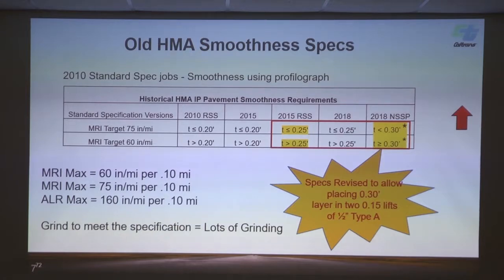Smaller aggregate, a lot of people don't like that, but that's how that spec reads now. So if we have a 3/10 lift, we can do two lifts. That's going to be two opportunities to promote smoothness, was one of the other reasons. Are there any questions on that? There might be a question on this later, so remember that answer.